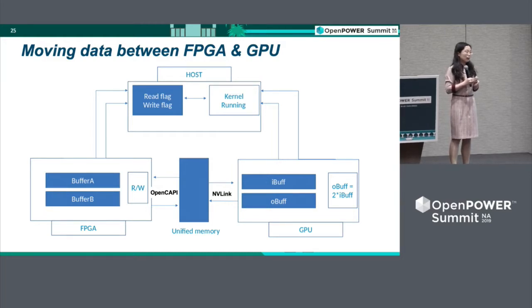Actually, we have a read flag and a write flag. It acts like a status exchange. We use flags, so whenever one has finished writing its section, the other one is informed that it can get the data, and there are two interleaving processes to make sure that we utilize the full bandwidth.